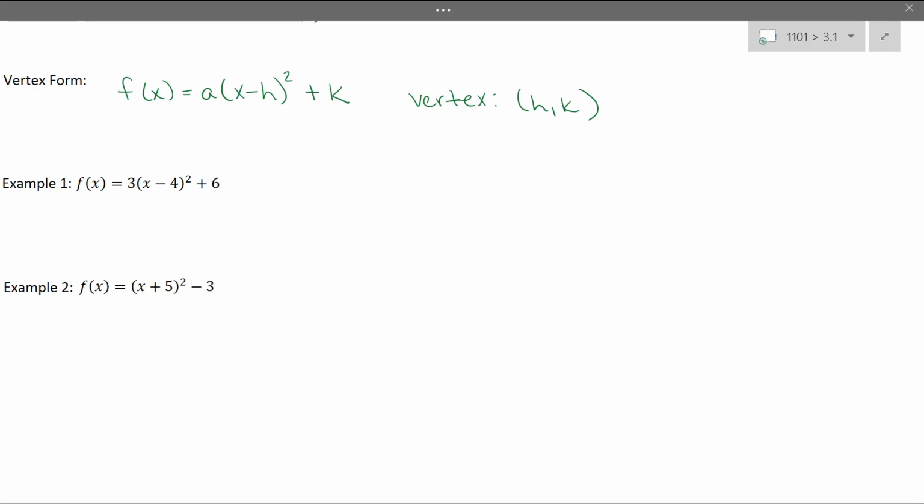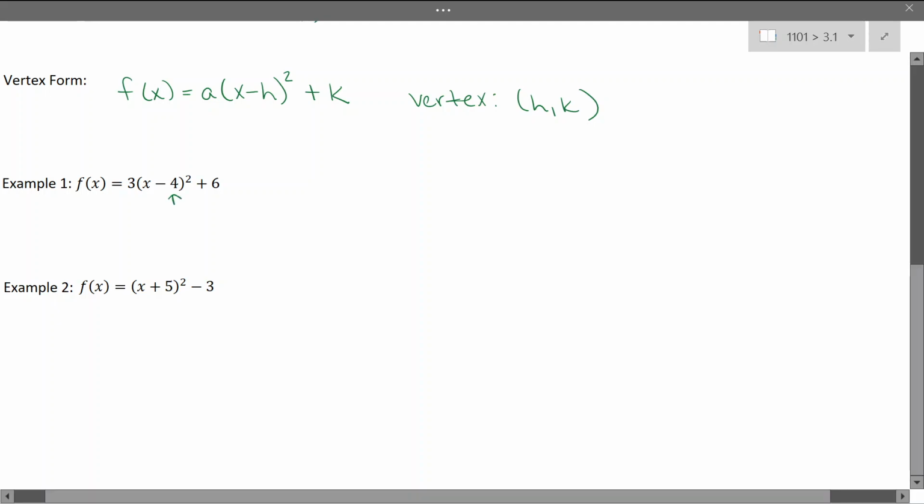We have f of x equals 3 times the quantity x minus 4 squared, plus 6. So if we look at our form, we see that we have 4 in the h spot, and we see that we have 6 in the k spot. So our h comma k is equal to 4 comma 6.